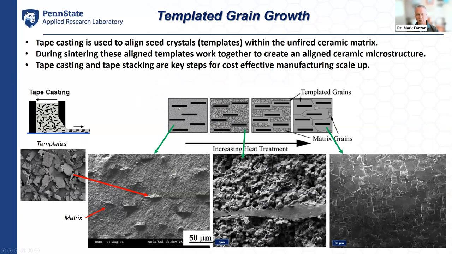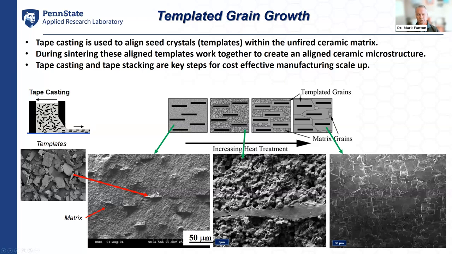So they tend to have a 10-to-1 or 20-to-1 aspect ratio in terms of their X and Y dimensions versus their thickness. And this results in the shear force creating a torque on the template, which drives it to align parallel to the flow direction of the slurry through the doctor blade.